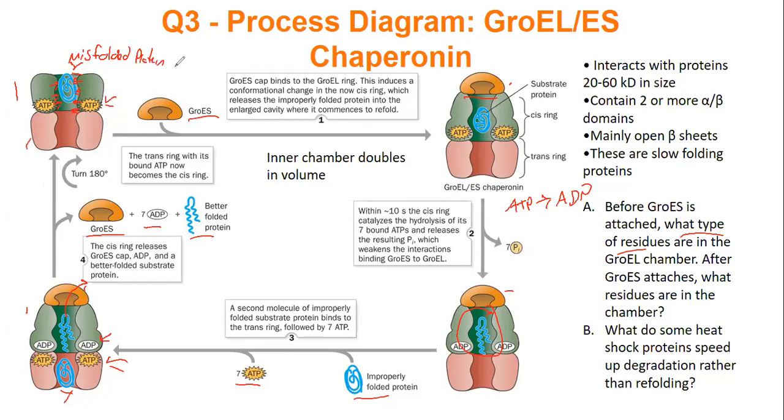So yes, a misfolded protein has hydrophobic groups exposed. If I'm a chaperone and I want to bind hydrophobic amino acids, what type of amino acids should I present to bind that? And they're not polar. What binds hydrophobic groups?